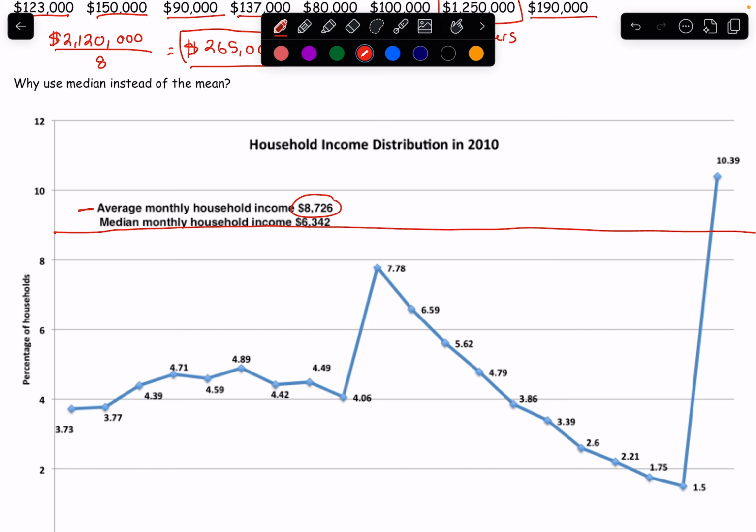There is only one person that is making more than that 8,700. I guess not one person. These are percentages, right?